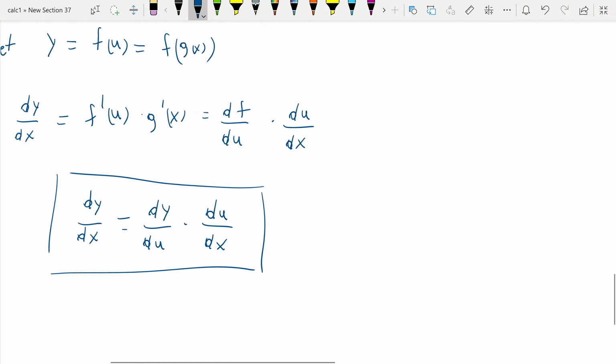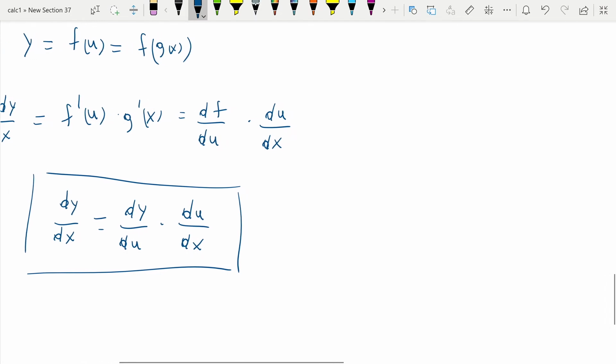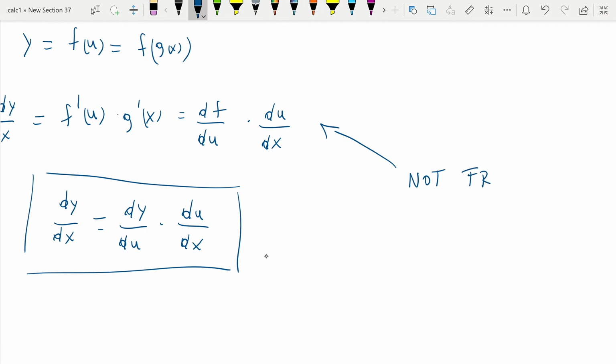One thing I want to draw your attention to is that these objects are not fractions.